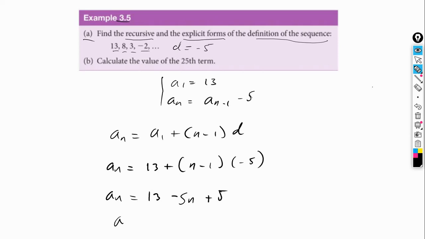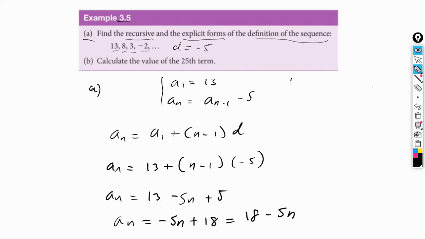So that means that the explicit form of the sequence is going to be minus 5n plus 18. And we can test that with the values and it'll work. Some people would prefer to write it as 18 minus 5n. That's preferable probably. Okay, so part B, so this was part A.